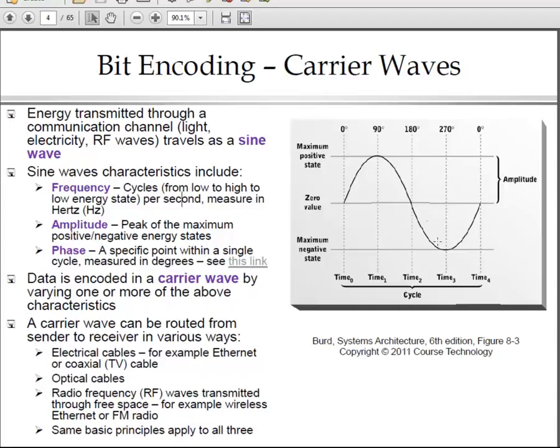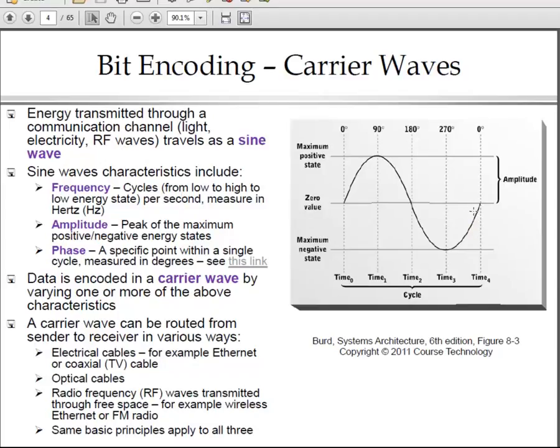In electricity, we don't really have anything we can easily detect as human beings to notice what the frequency of an electrical wave is. In the case of light, if we're talking about visible light, then we do recognize frequency. We recognize it as color. So, for example, blue light has a higher frequency than red light, and the various colors of the spectrum fall somewhere in between in those frequencies.